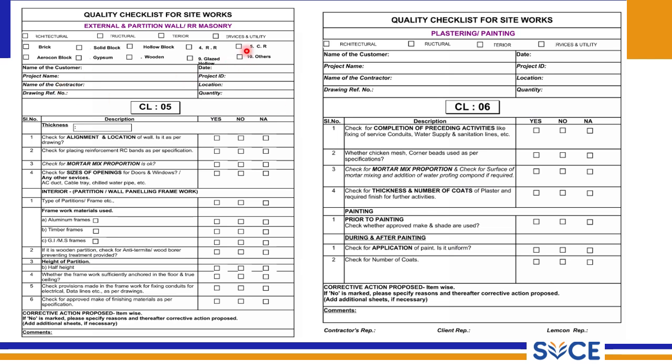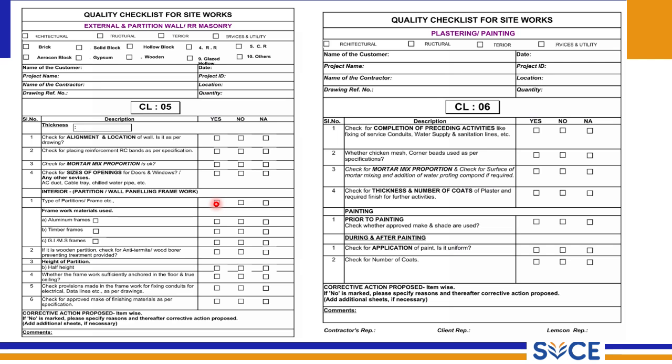Whatever type of wall we are going to use, we tick it and start the checklist. Check for alignment and location of the wall, check for placing reinforcement as per specifications, check for mortar mix proportion. Is it okay? Check for sizes of openings for doors and windows. Are there any other services, AC duct, cable tray, etc.?